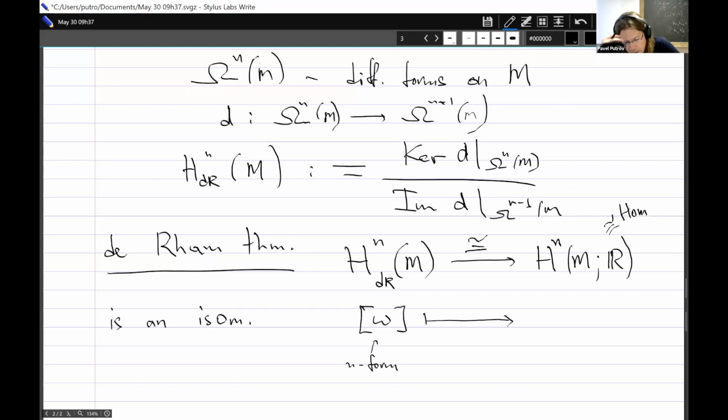If this cochain is cocycle, so delta n is 0, then one can show that it gives a well-defined map from homology classes to the group which we have. In general this map is only surjective, but if the coefficients are real, this map is an isomorphism. Let me write it here.